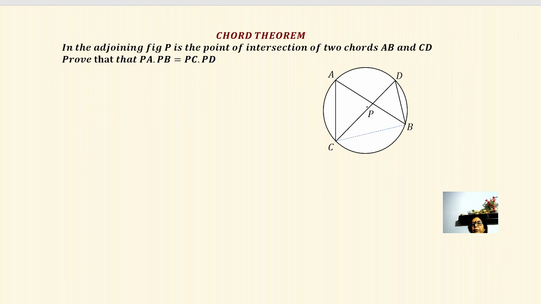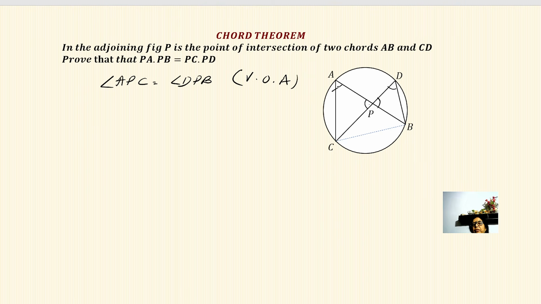So how are we going to prove this? First of all, if we take the triangles APC and DPB, angle APC will be equal to angle DPB. The reason being they are a pair of vertically opposite angles. Then we get angle CAP is equal to angle BDP.